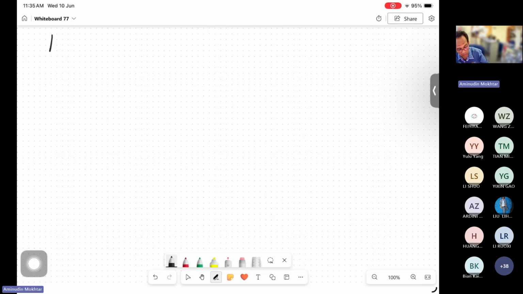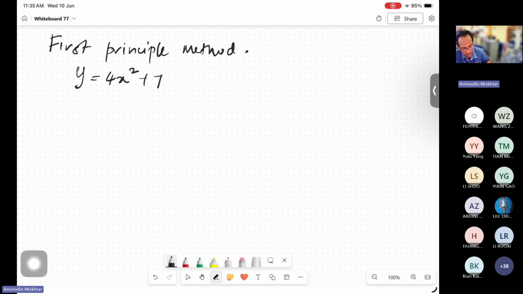The first principal method. Let's say we have this equation: y equals 4x plus 7. We know that this is linear with m equal to 4 and c equal to 7.